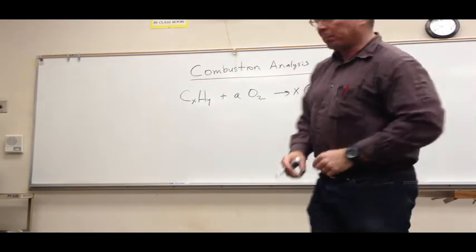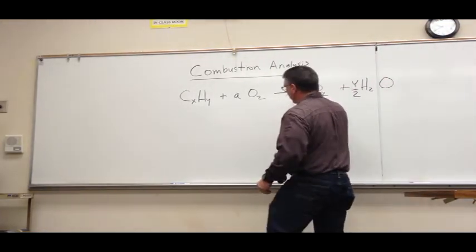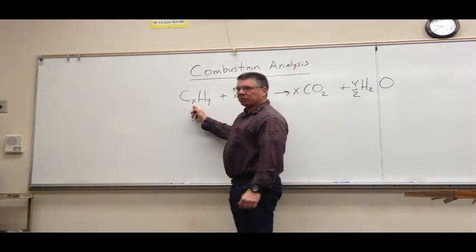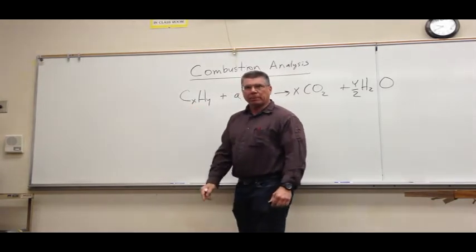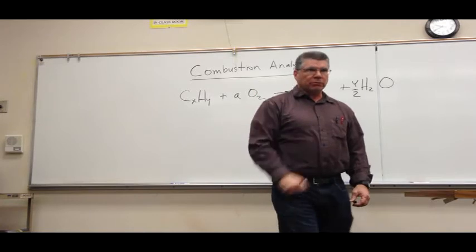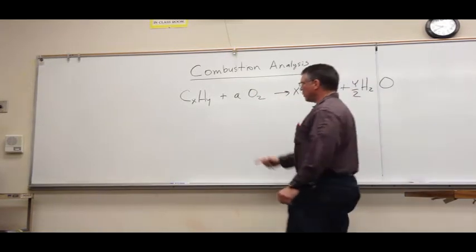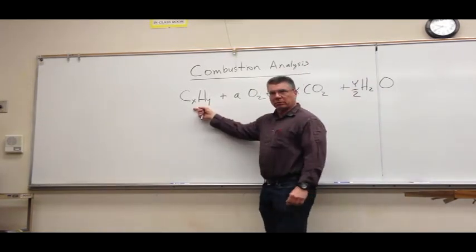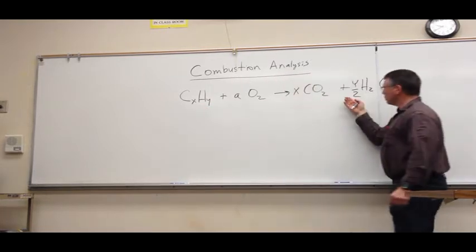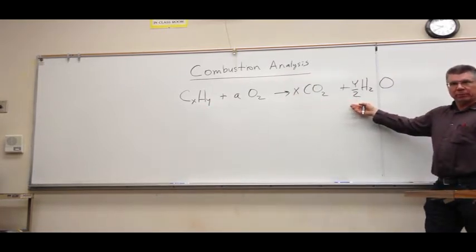If you know how many moles of carbon dioxide, you know how many moles of carbon there were in that much of the compound. For hydrogen, the only place hydrogen is coming from is the hydrocarbon, and the only place it's going is into water.